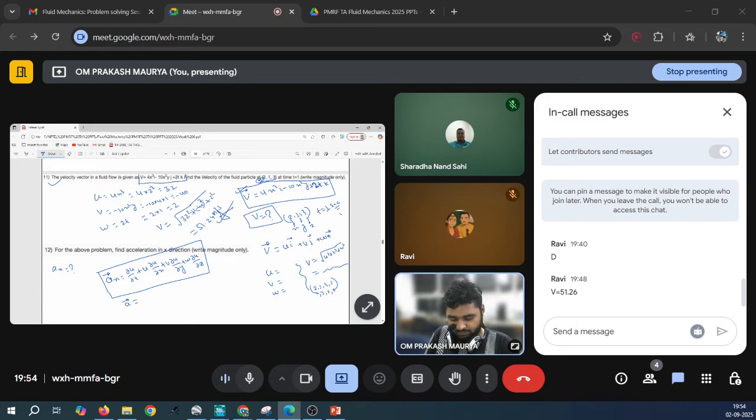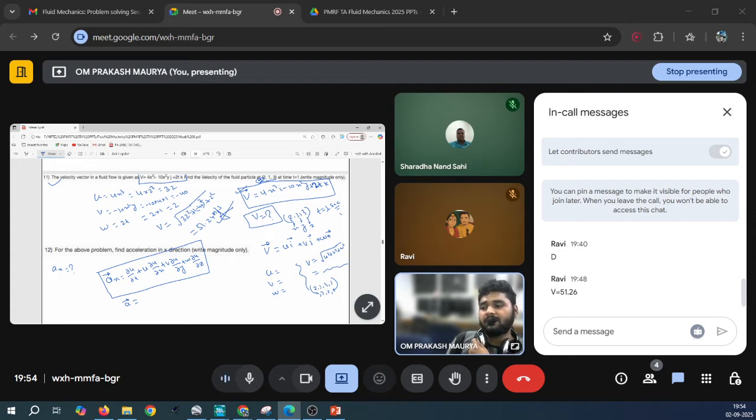For this question I have also calculated whether... so here there is only one term, that is ax, so there is no meaning of a square root.